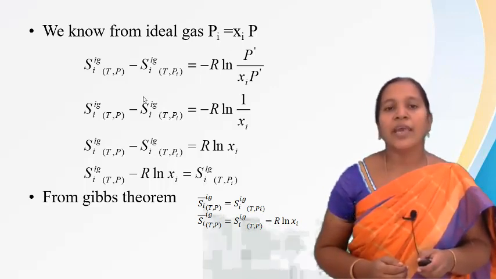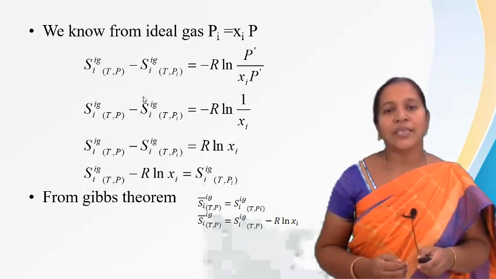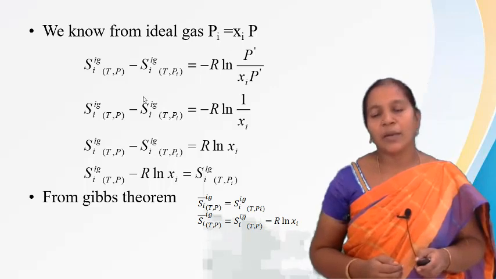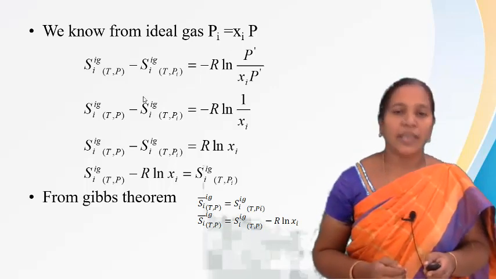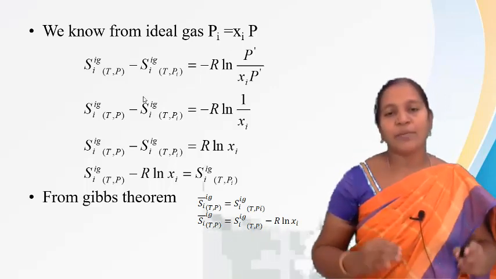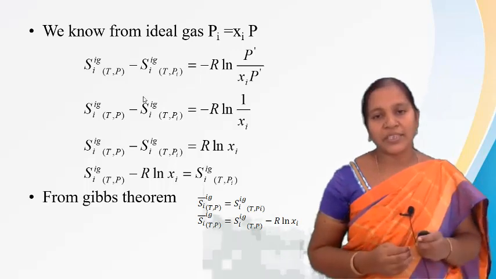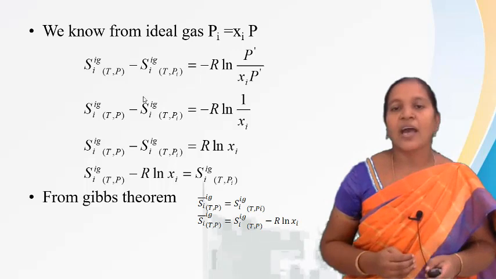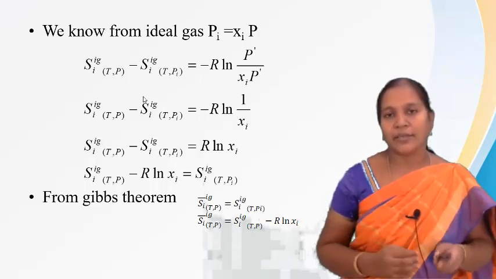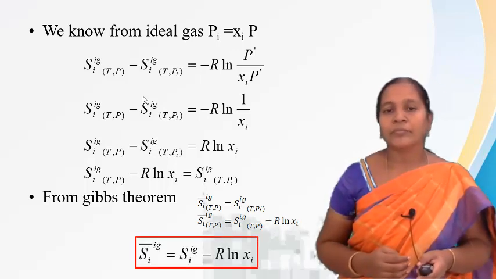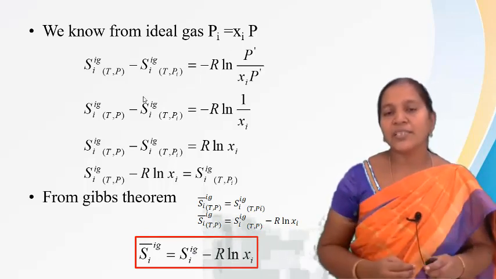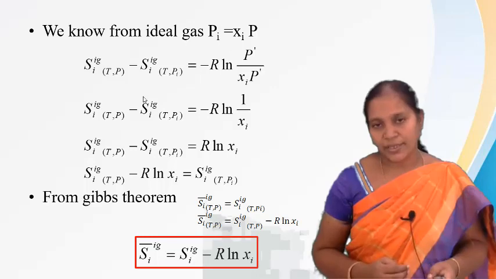Therefore, S_i bar ig at T, P is equal to S_i^ig at T, P minus R ln Xi. Therefore, S_i bar ig is equal to S_i^ig minus R ln Xi.